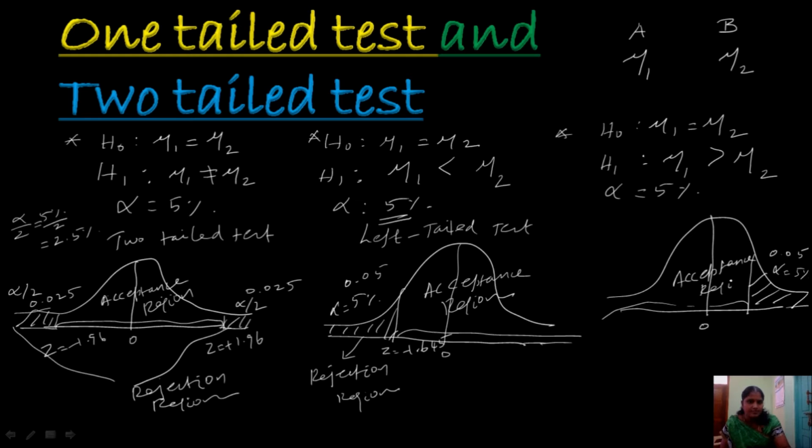This is my acceptance region and this is my rejection region. Here the critical region or rejection region falls on the right hand side of the normal curve, so we call this type of test a right tailed test.